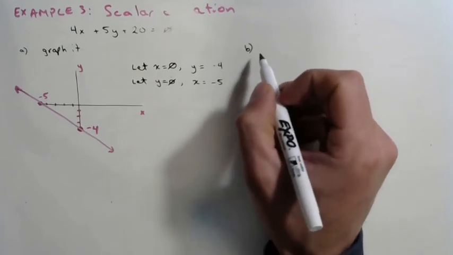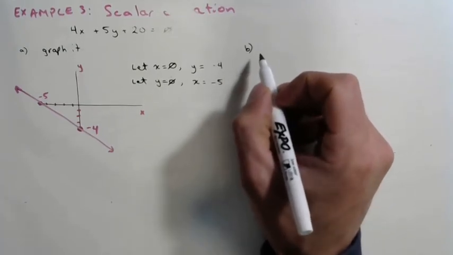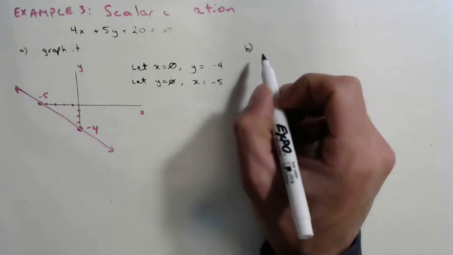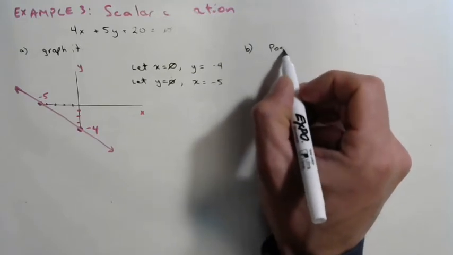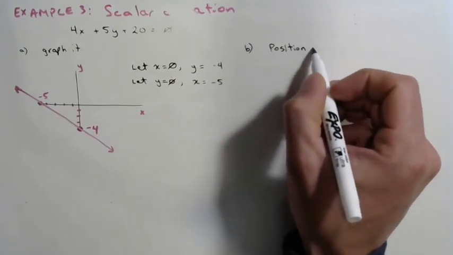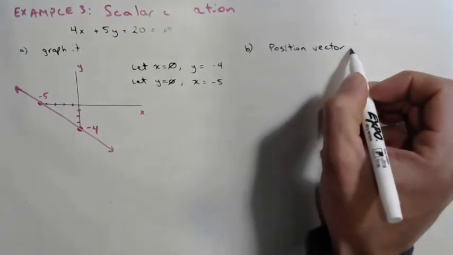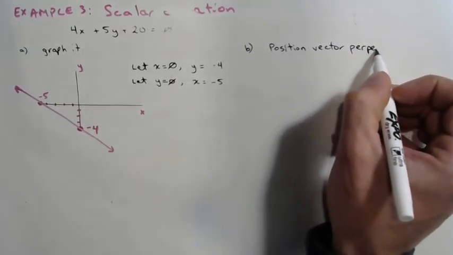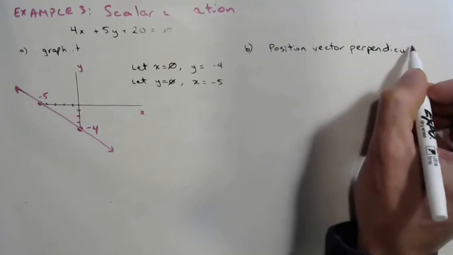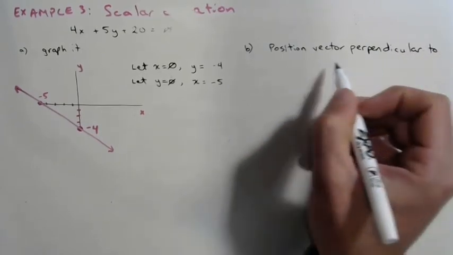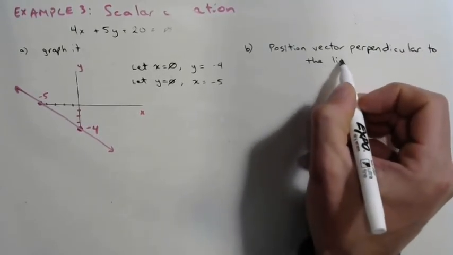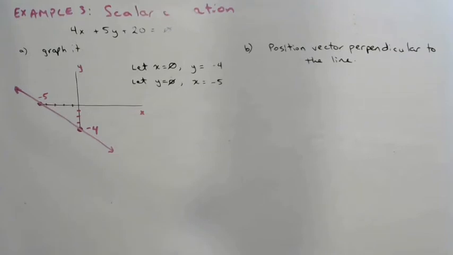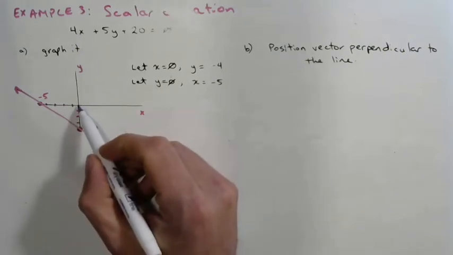The next thing that we're going to do is determine a position vector perpendicular to the line. Okay, now a position vector comes from the origin.